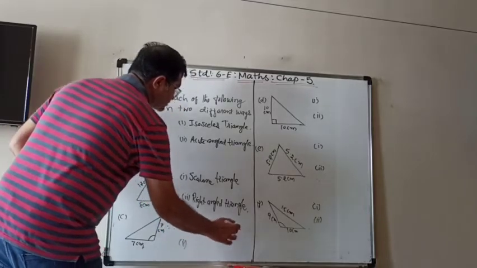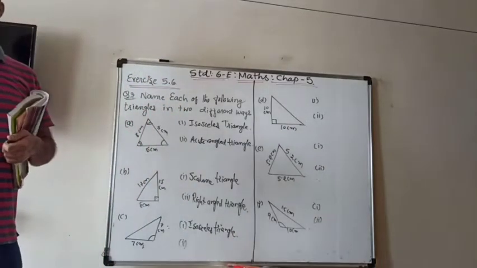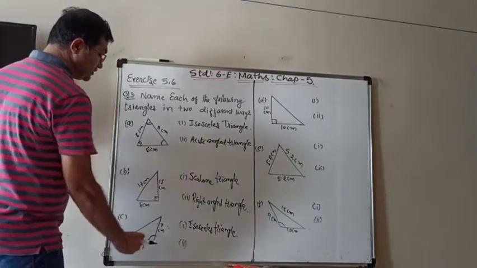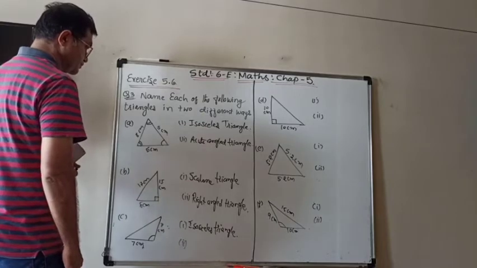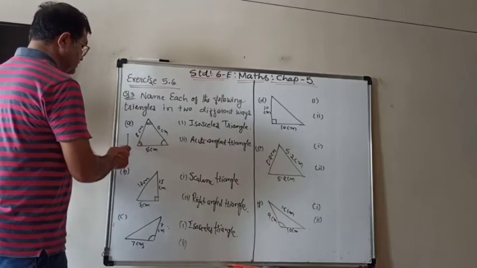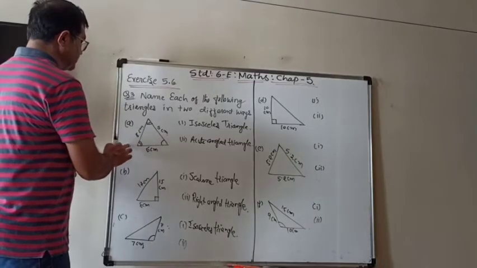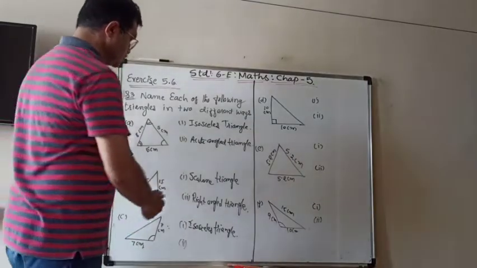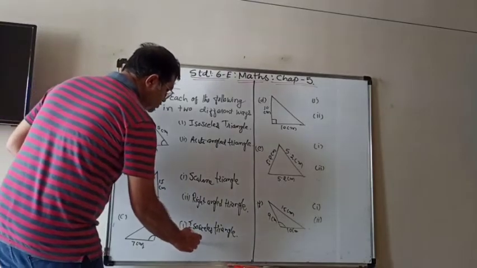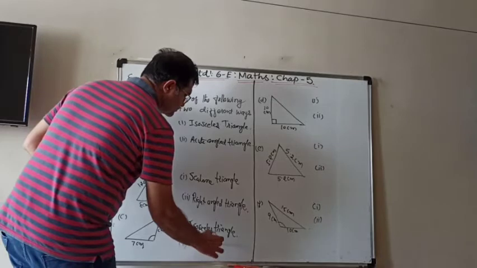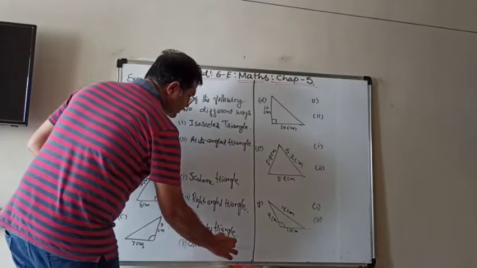And if you observe the angles, you can see that one of the angles is more than 90 degrees. 90 degrees is like that, but if it is going like that, it means it is more than 90 degrees. It is obtuse. So you can say that it is an obtuse angled triangle.